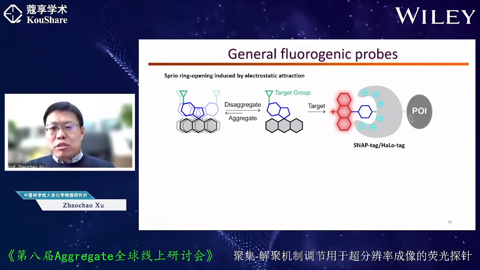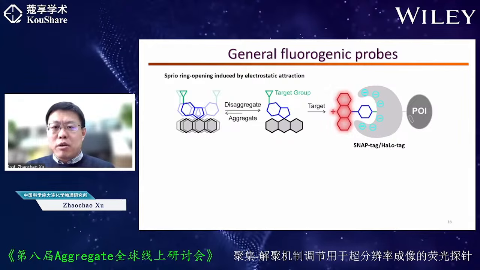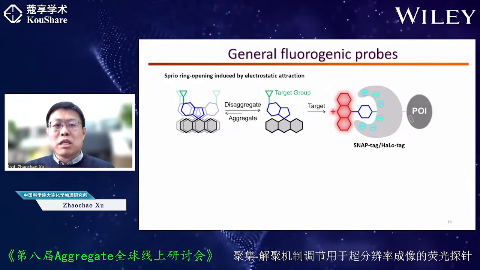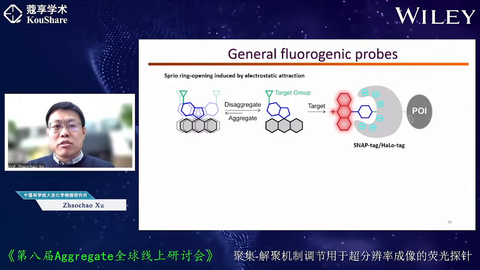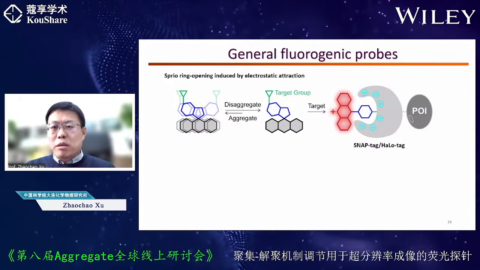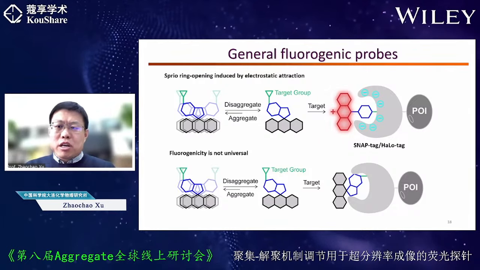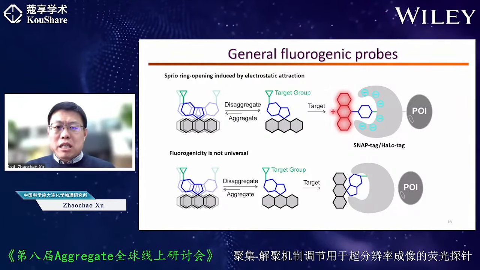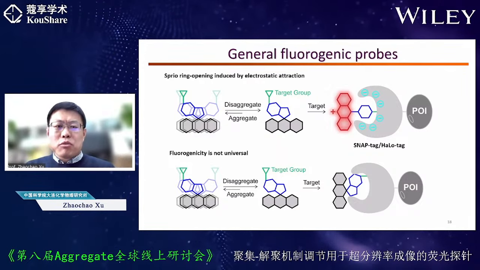Examples of commonly used proteins for this purpose include the SNAP tag and the Halo tag. They contain some negative charges on the surface that interact with the rhodamine. But when the target proteins lack negative charge, the aggregated rhodamine remains in the closed ring structure and doesn't emit fluorescence.